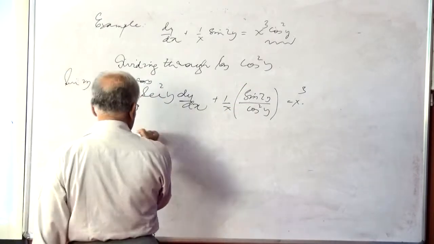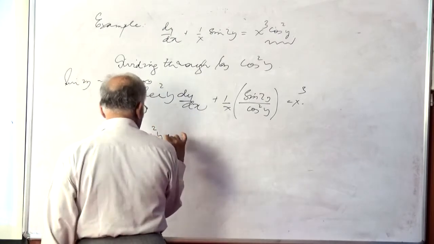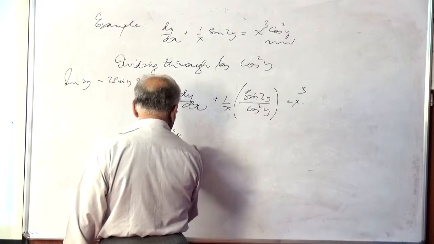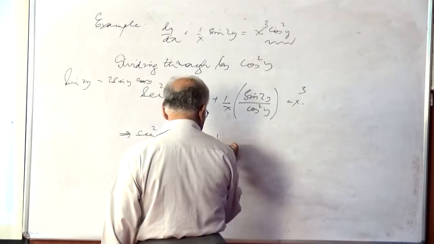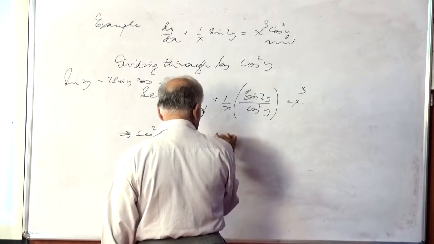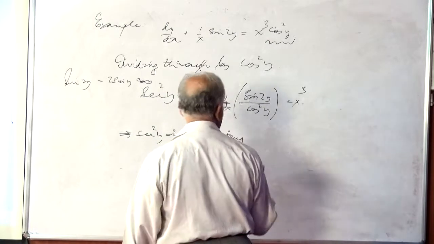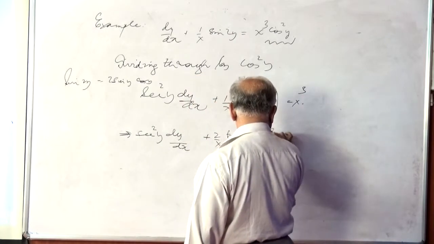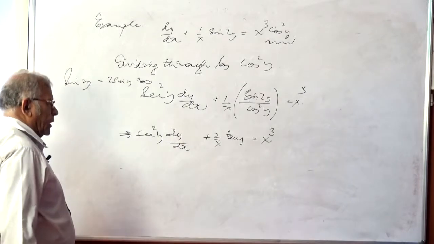So this tells us that sec square y dy dx plus 1 by x, or rather 2 by x tan y is x cubed. Now this is a more manageable form.